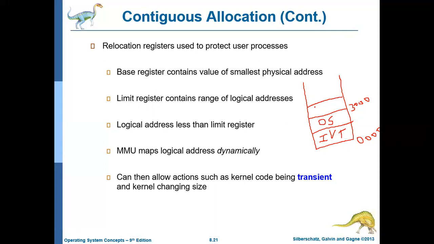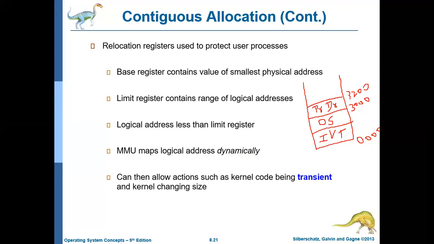This print driver will also be treated as a part of the operating system. Say this print driver occupies another 200 MB. So now the operating system is not up to 3000, it is up to 3200.